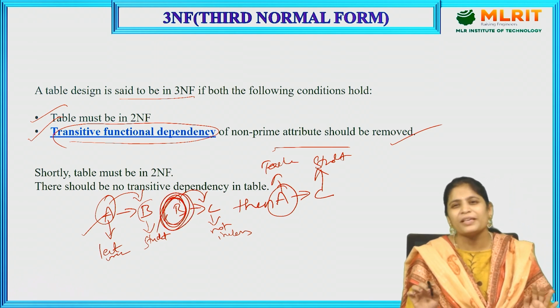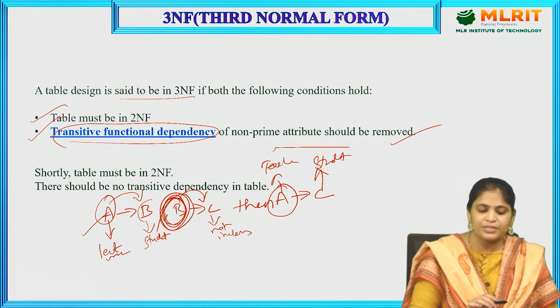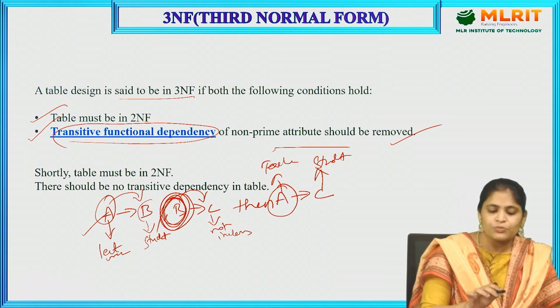This is just a basic example. So this is transitive dependency.